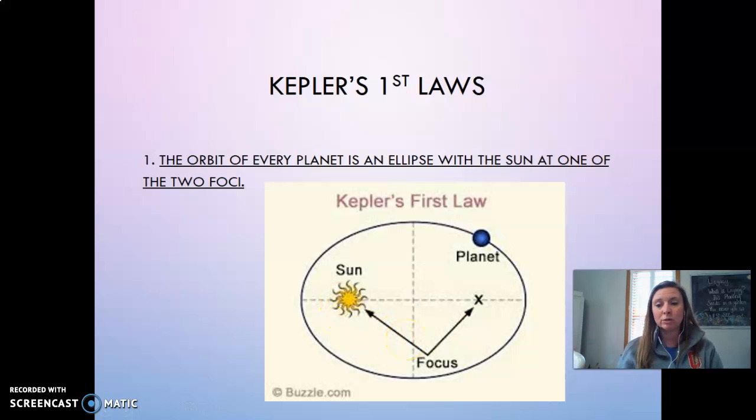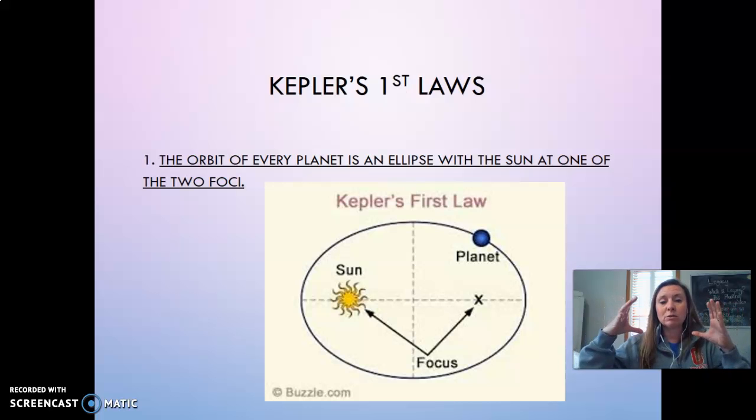And so we've talked about the idea that if you increase the distance and move things further apart, the less gravitational pull they have on each other. And if you increase the distance, or I'm sorry, if you decrease the distance, then it's going to have a greater gravitational pull. And then along with that has to do with the mass and the radius. So the sun, and we'll talk about this after we visit this idea of the nebular theory, is the most massive thing in our solar system.